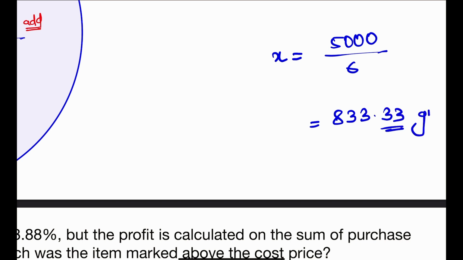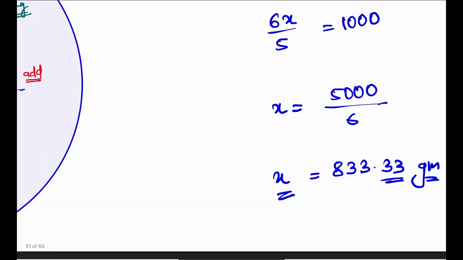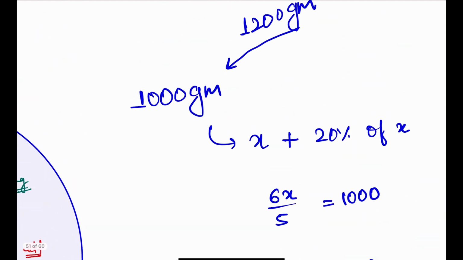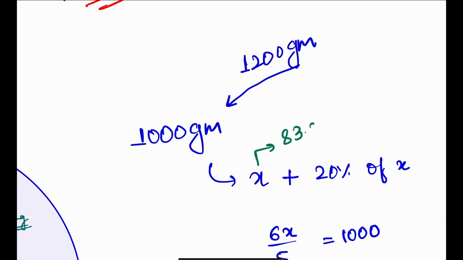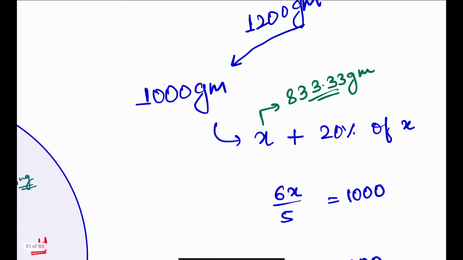Okay, so what I can say is my value of x is that I am selling 833.33 gram only, and 20% of this value is nothing but 166.66 gram. Then that's how it will become 1000 gram.